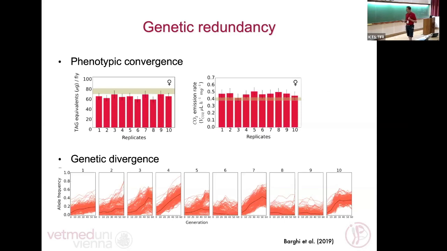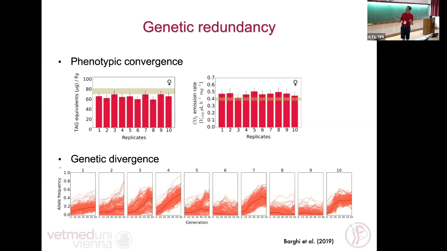This is a study from Neda, who will be here next week, that is one nice illustration of how we can identify genetic redundancy. We had 10 parallel populations that evolved from the same founder in the same environmental stressor.